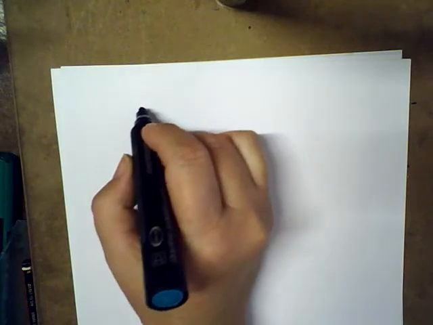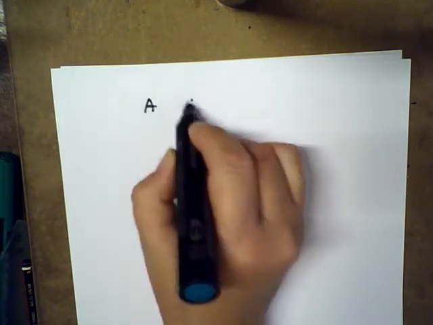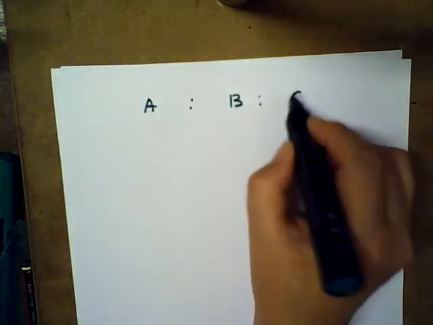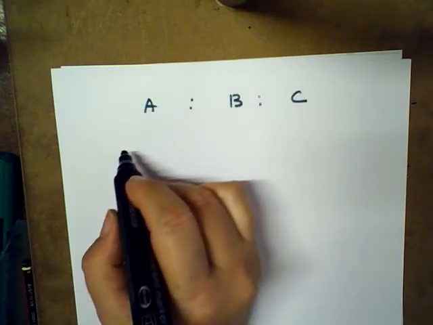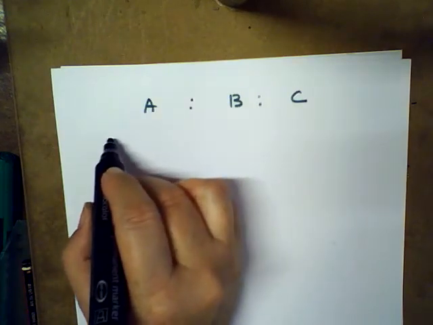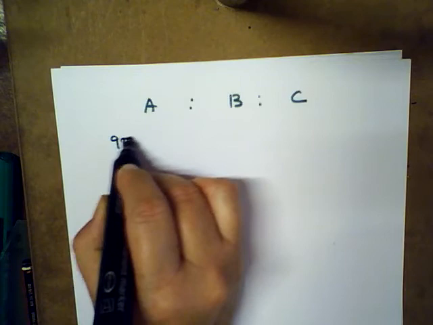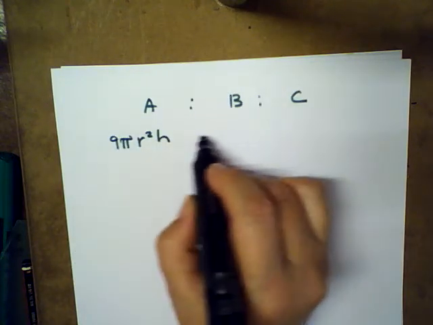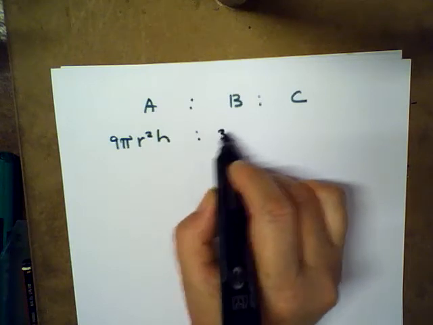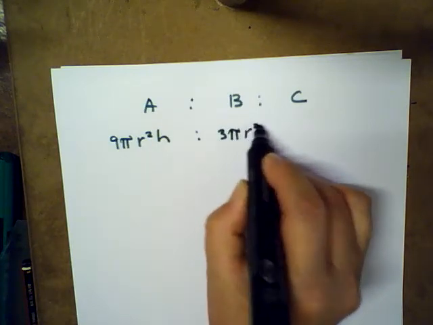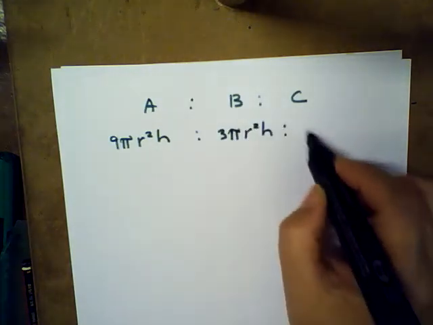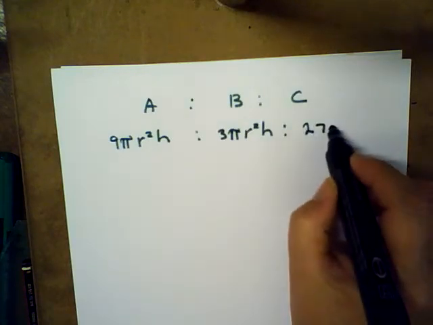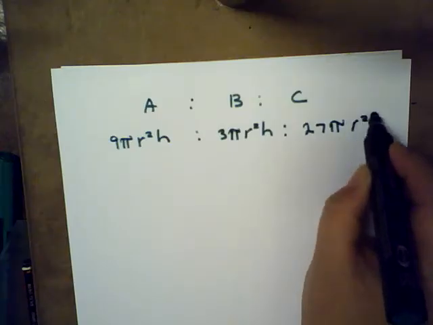So the ratio A, B, C. Okay, so let's write it down. This one was 9 pi r squared h. This one was 3 pi r squared h, and that one is 27 pi r squared h.